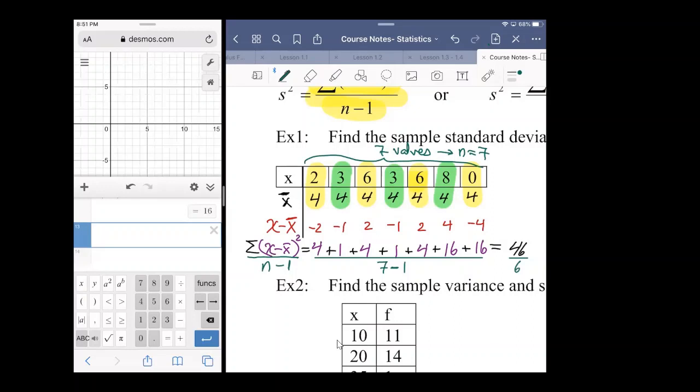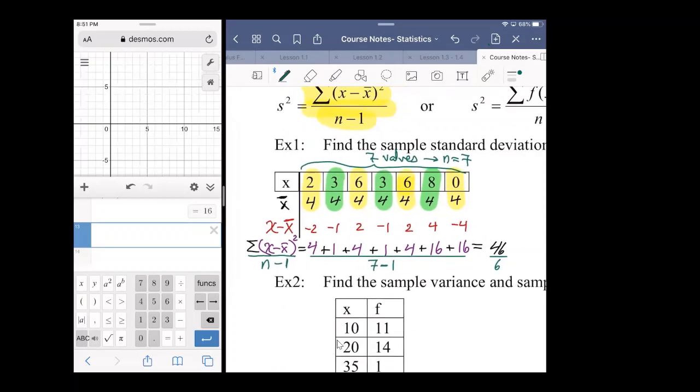All right, if you look at what we just constructed here from this table, now it's in fraction form, but we just found the sample variance, S squared. If I want the decimal value, 46 over 6, I can do that. 7.6 repeated.